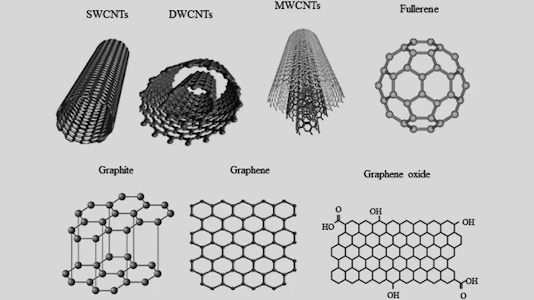Just to tell you about the different allotropes of carbon: graphite was known for a very long time, probably a few thousand years and even more. And these nanotubes are called SWCNT, carbon nanotubes: single wall carbon nanotubes, double wall carbon nanotubes, multiple wall carbon nanotubes and so on.